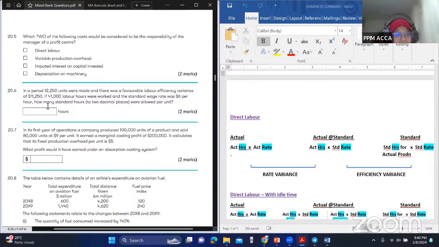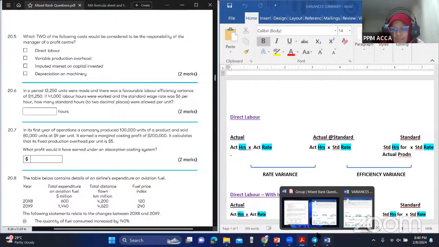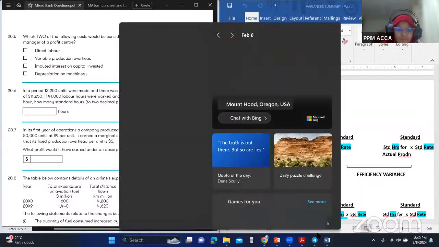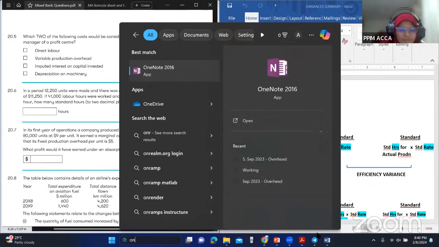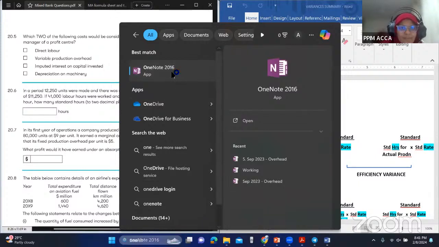Then they're saying if 41,000 labor hours were worked and a standard wage rate was 6 per hour, how many standard hours were allowed per unit? So now they're talking about this efficiency area. Let me just quickly copy that equation and put in whatever information is given in the question itself.